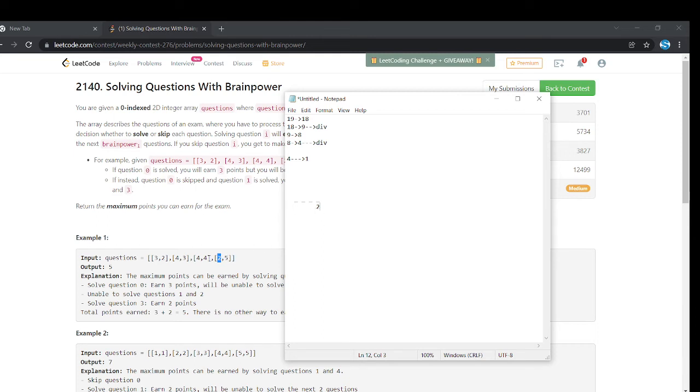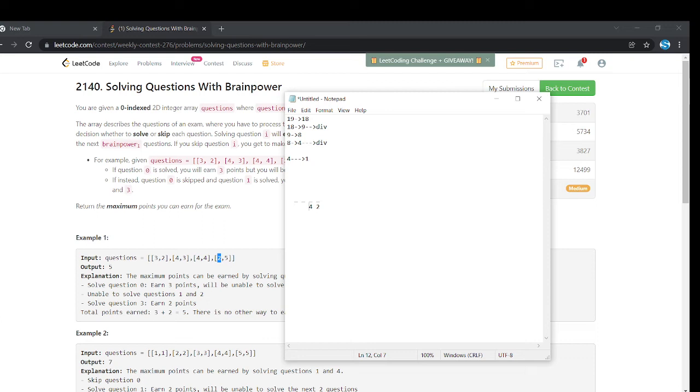Then we can move to the left. 4 comma 4. If we solve that question, the maximum points we can achieve will be 4, and we won't be able to solve the next 4 questions.